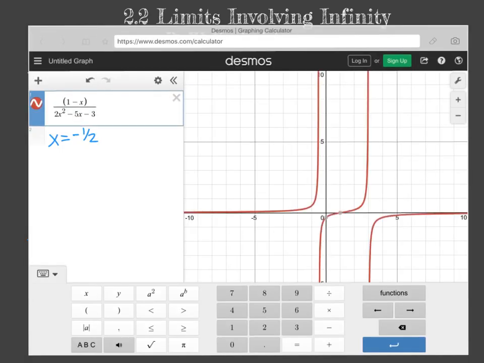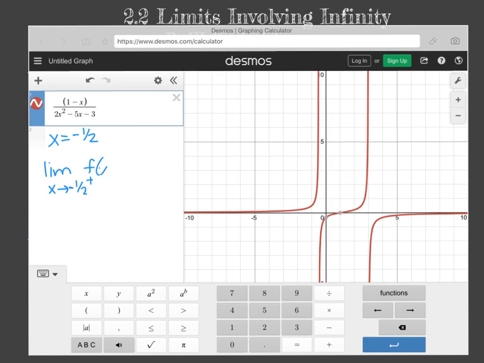All right, we can see on our graph that the line x equals negative 1/2, a little harder to see on here, is a vertical asymptote. So is the line x equals 3. Let's take a look at x equals negative 1/2. We want to describe the behavior to the left and the right. It's hard to write this fraction very small.